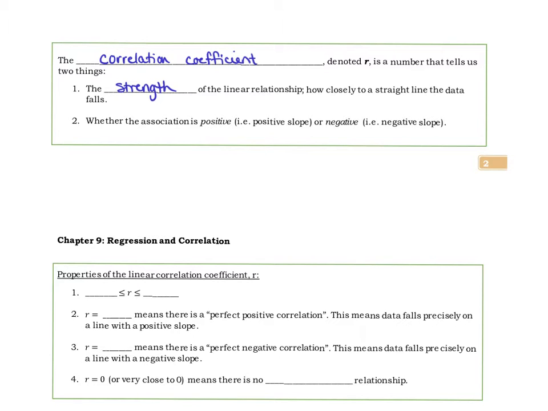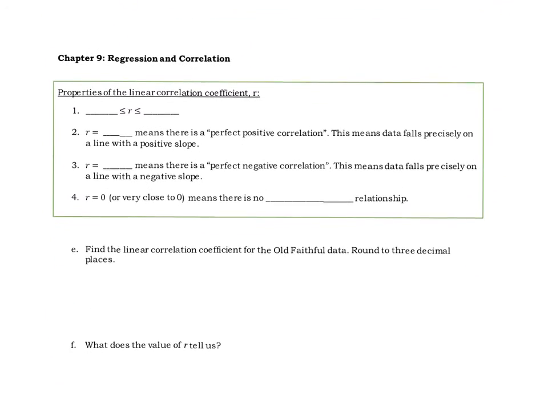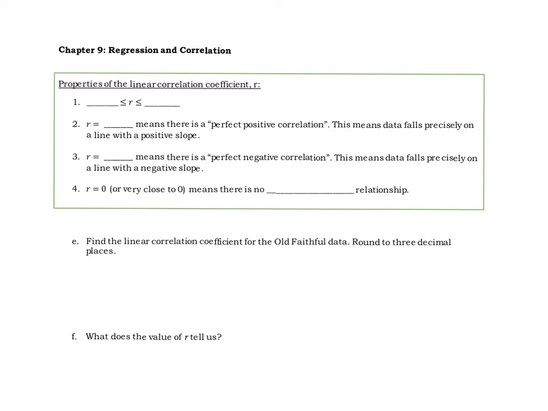In other words, the value of r itself is positive, that means it's a positive slope, the data is going uphill, or negative. That would mean the value of r is negative and your data would be going downhill, a negative slope.